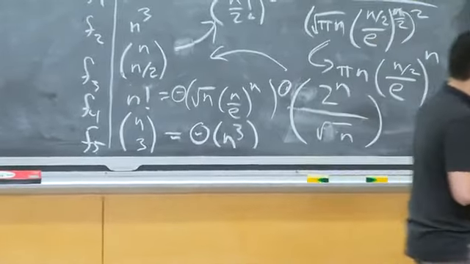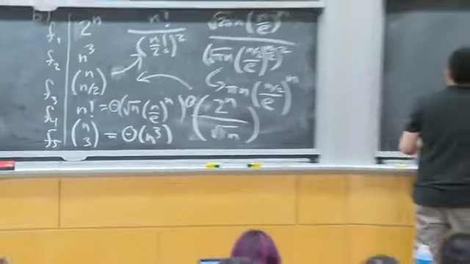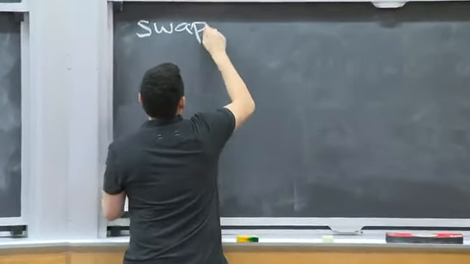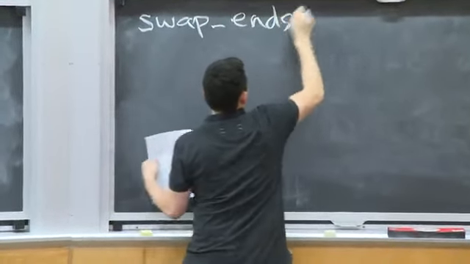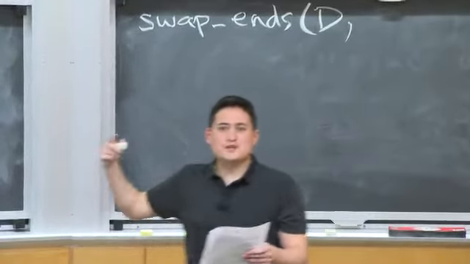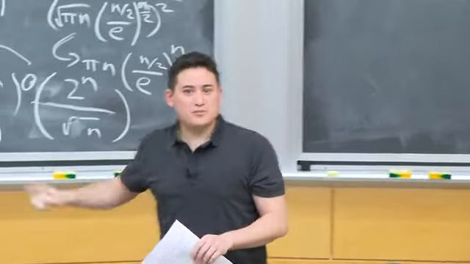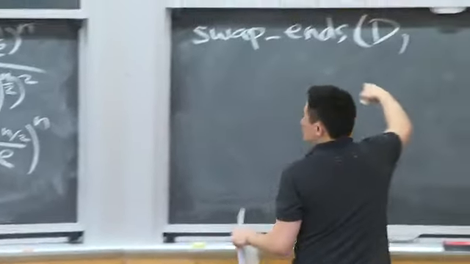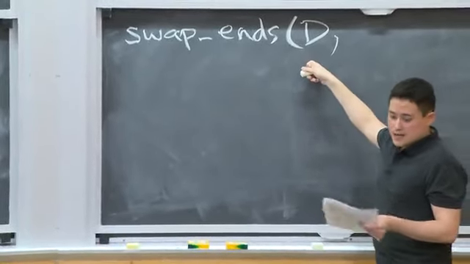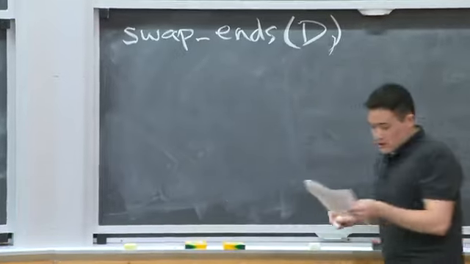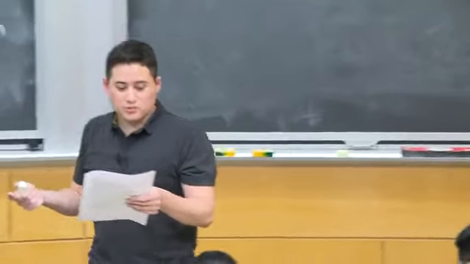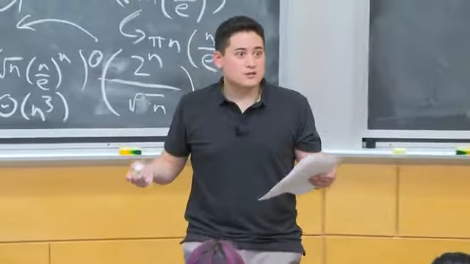Okay, so the first operation we're going to support, or try to support, is an operation called swap ends, okay? And what this is going to do is take the data structure that we gave. Another way you could do this is put this as a method on that data structure, but let's do this separately. It's going to take that data structure that I gave you that's storing the sequence as the only argument, and what we're asking you to do is describe an algorithm to swap the first and the last items, okay?